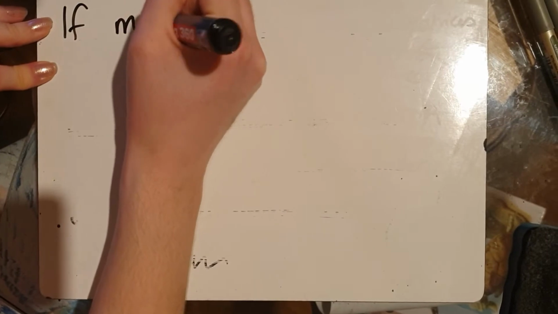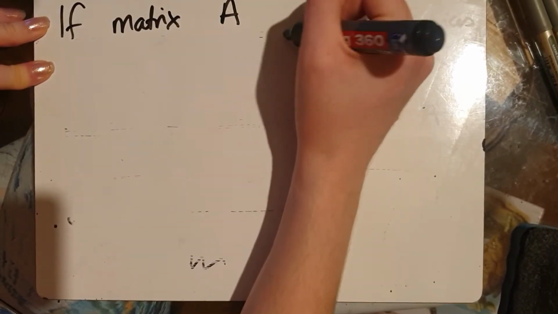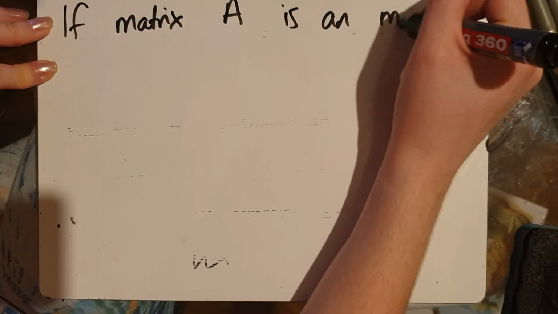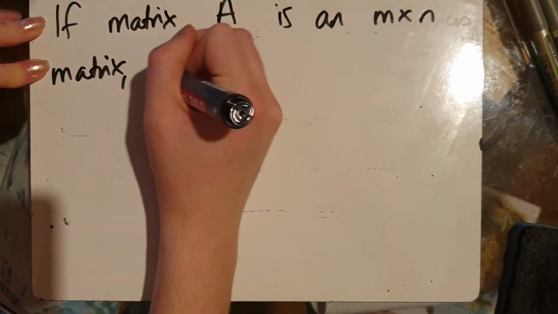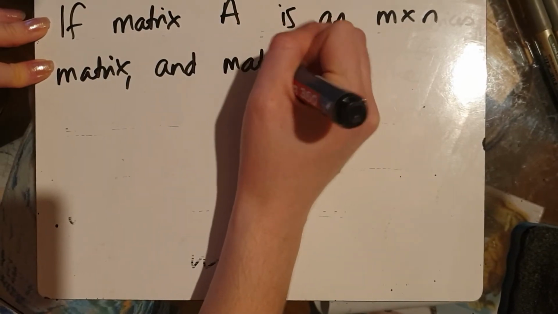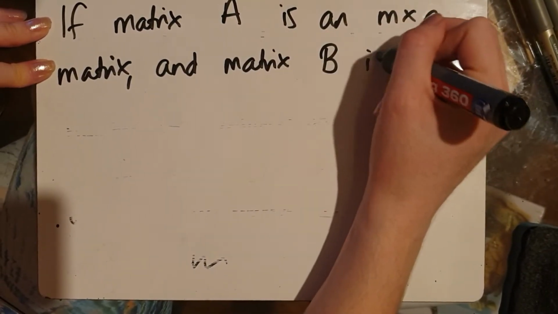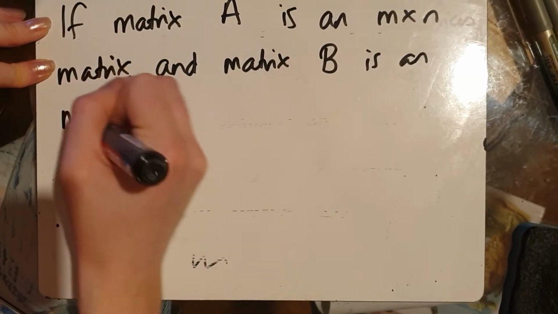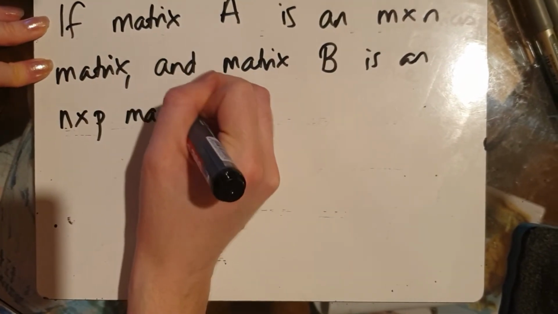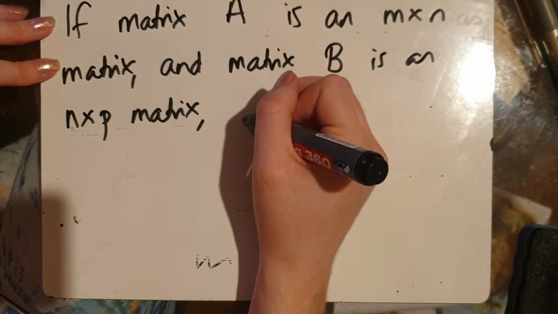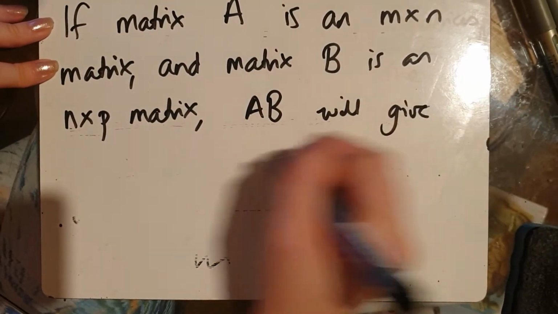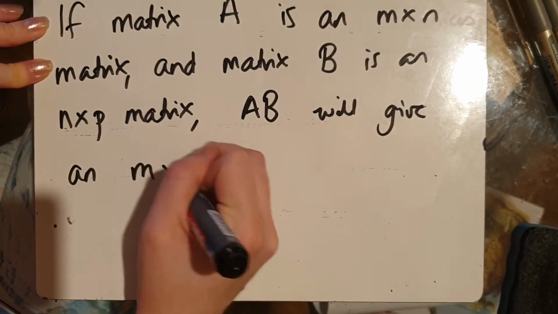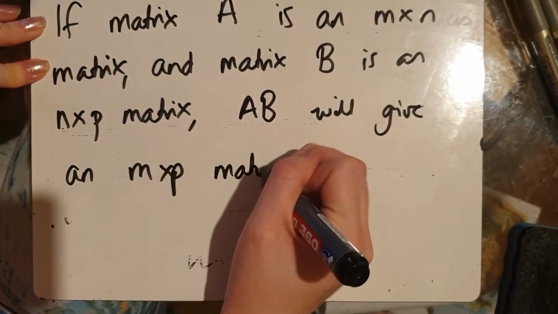Then, if matrix A is an M by N matrix, and matrix B is an N by P matrix, AB will give an M by P matrix.